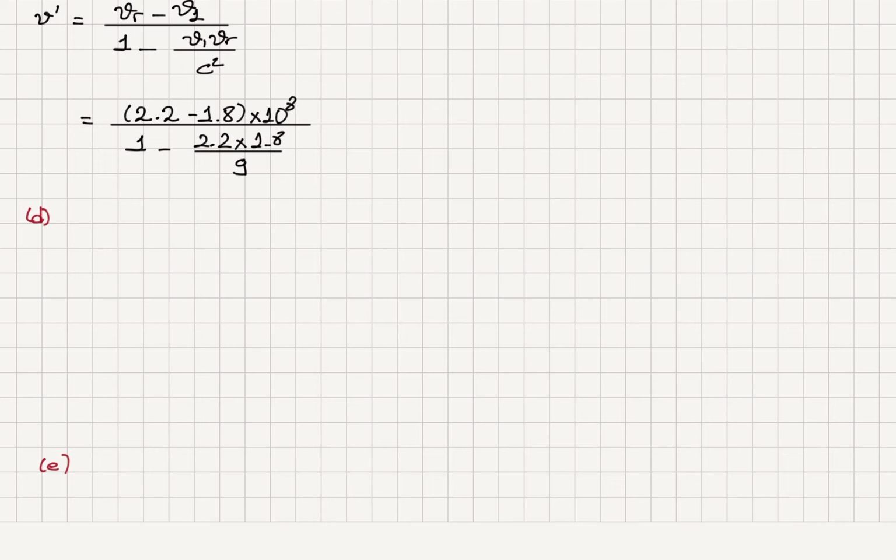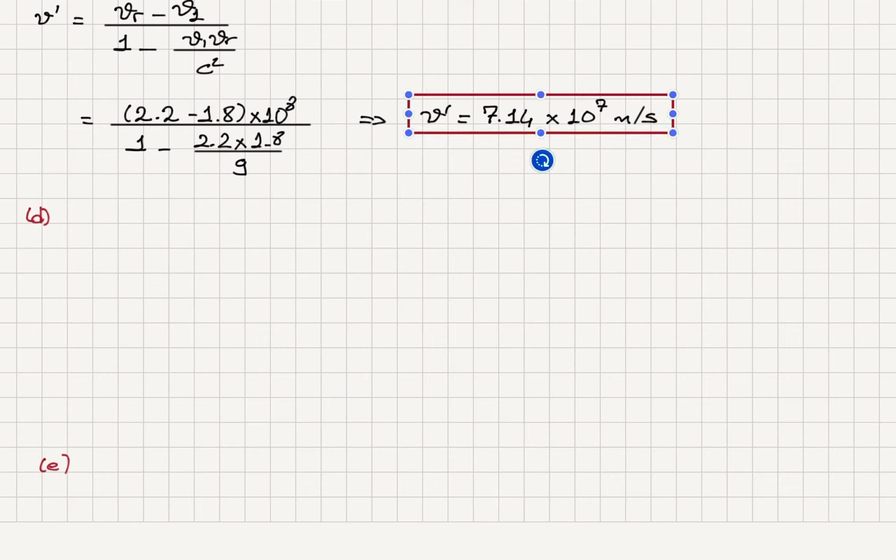They cancel out. So that gives me, for the speed of the rabbit measured by the ball reference frame, 7.14 times 10 to 7 meters per second. Okay, so here I'm measuring the speed, so I don't consider the sign here. This is just going to be the absolute value.